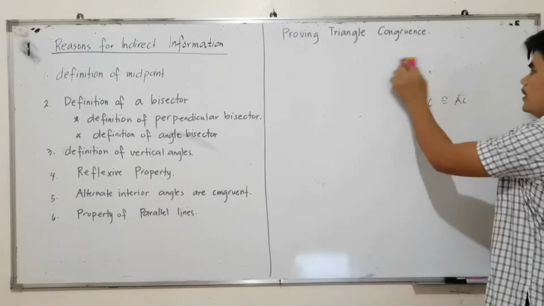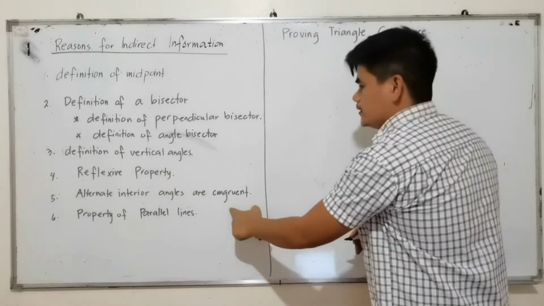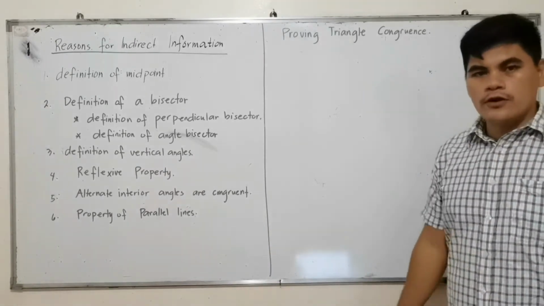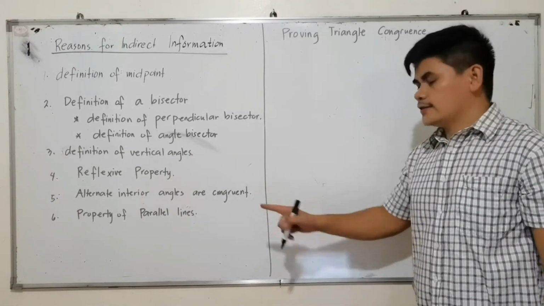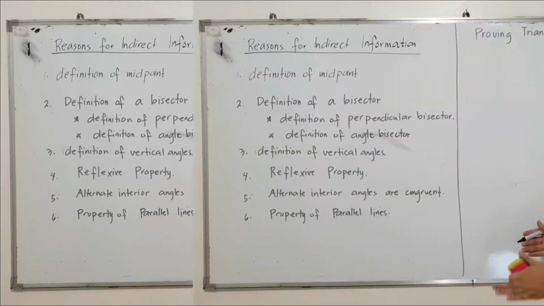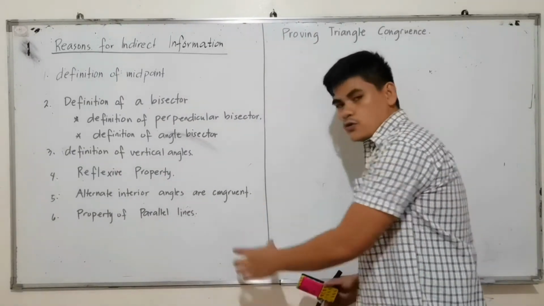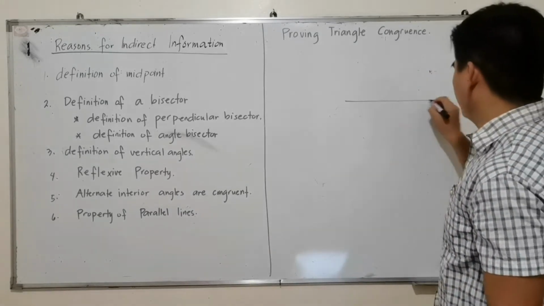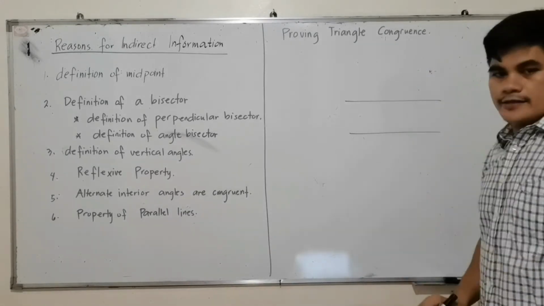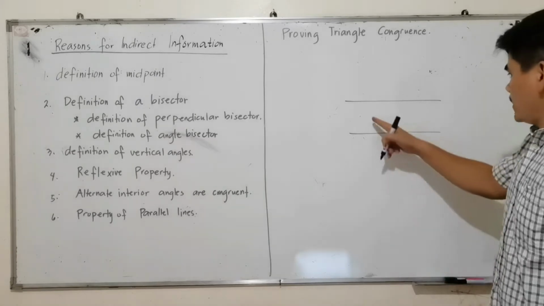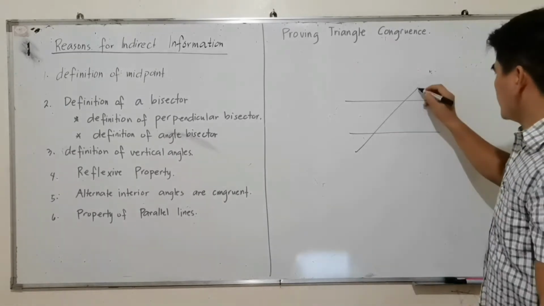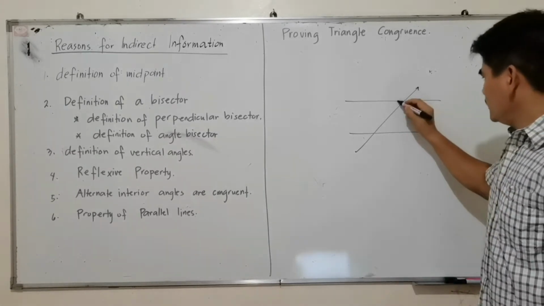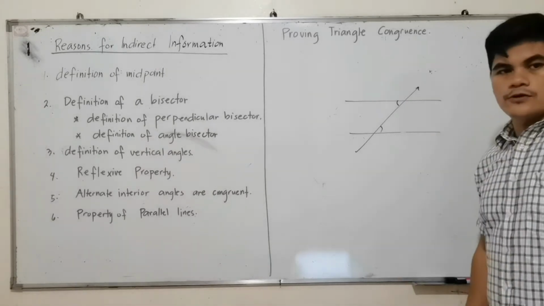Next, we have the so-called alternate interior angles. Take note, alternate interior angles are congruent. When do they occur? When we have parallel lines. When parallel lines are cut by a transversal, then alternate interior angles are congruent.